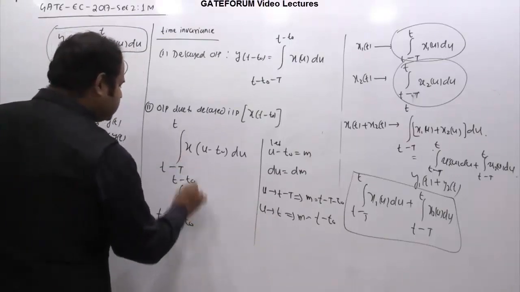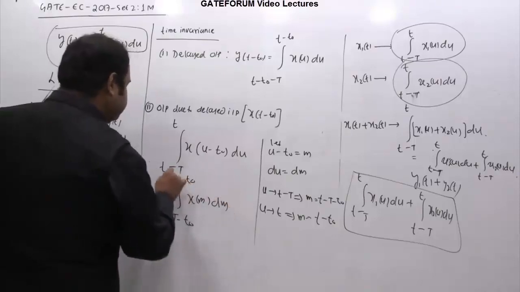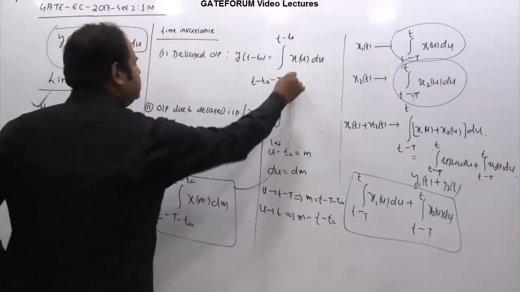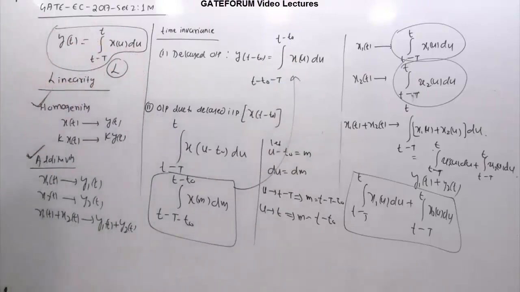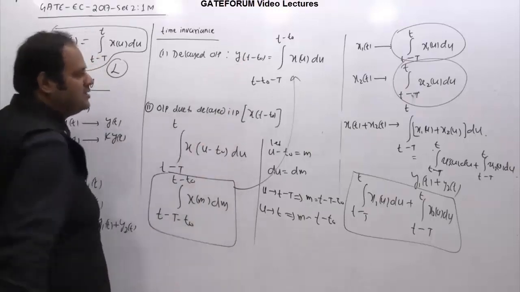And this is what x of u minus t naught I have taken, it is x of m, and this is dm. So whether this expression is equivalent to this expression or not, the answer is obviously yes. Some of you might have doubt, sir, here I have the m notation, here there are the u notations.